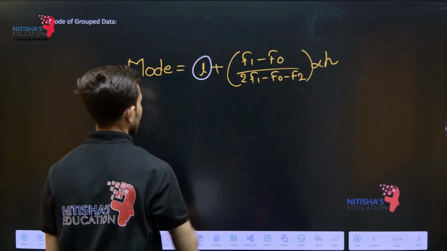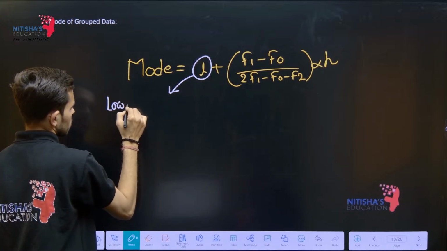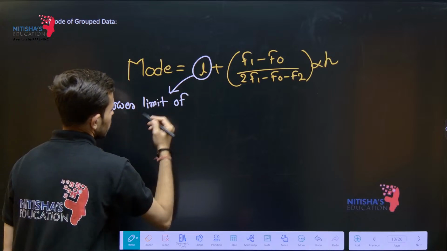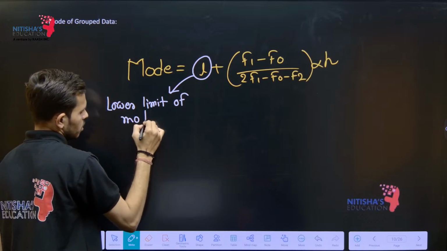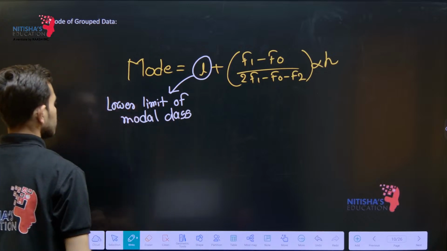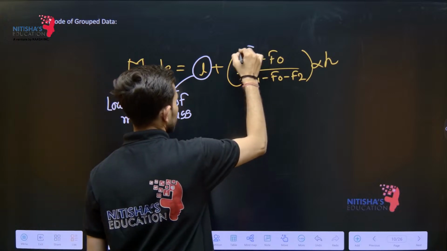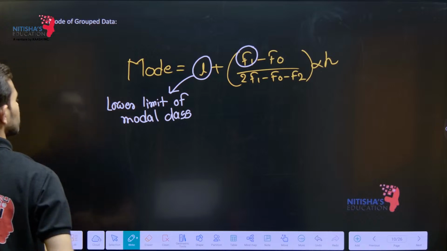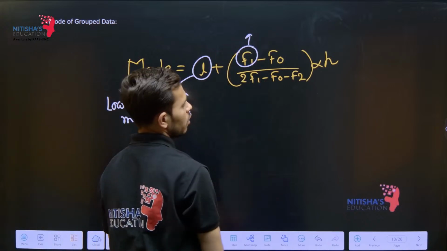Next, let's classify each and every term. What is L? L is the lower limit of the modal class. What is F1? F1 is the frequency of the modal class.